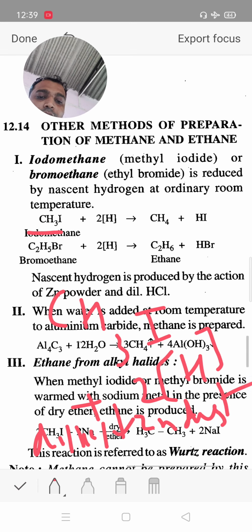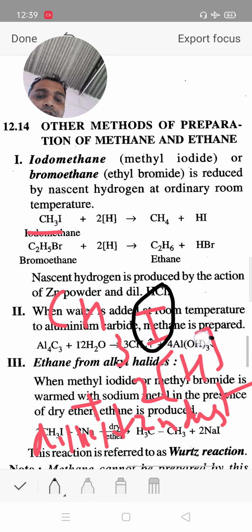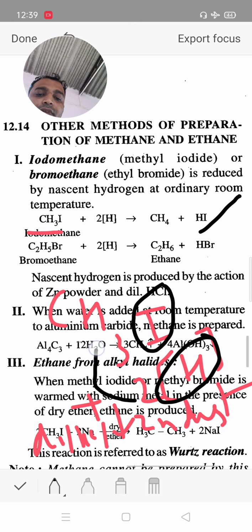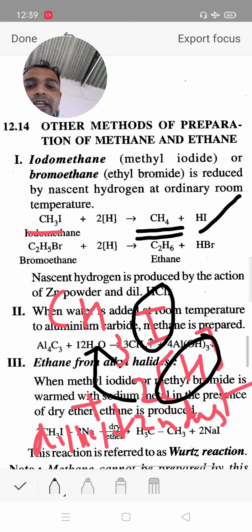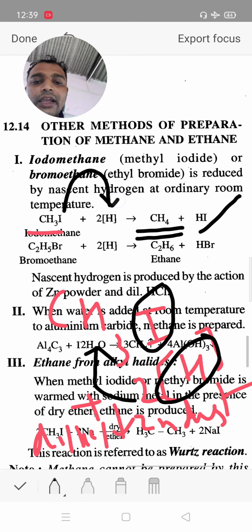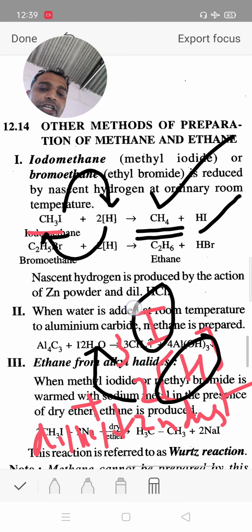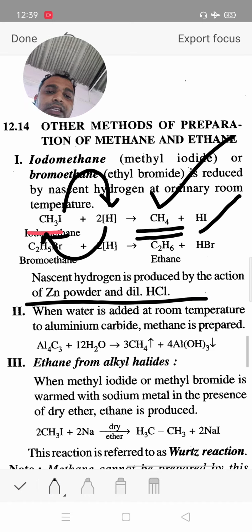There are a total of 2 hydrogen: one hydrogen goes with I, giving HI as byproduct, and the other hydrogen attaches with CH3, forming CH4, using zinc powder and dilute HCl as a catalyst to give methane.